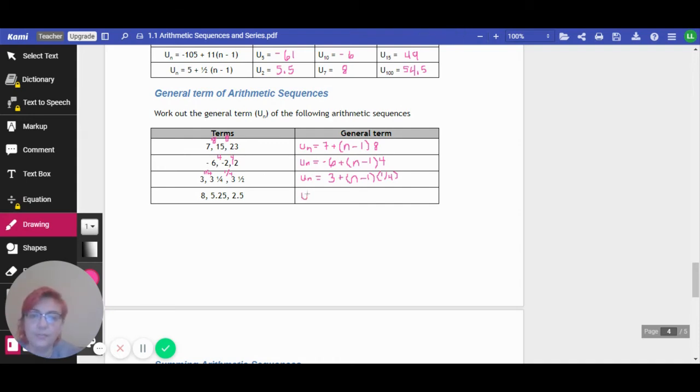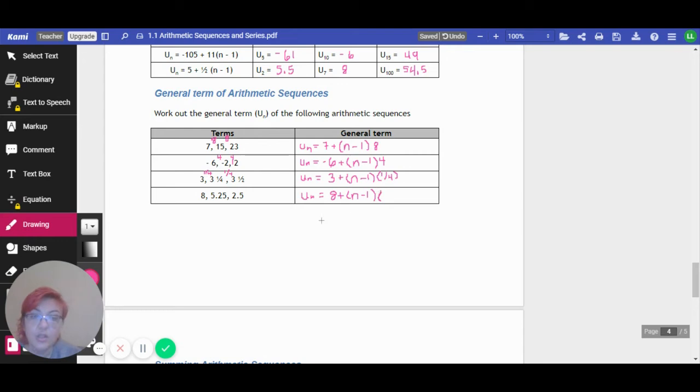So my general term is going to equal my first term, which is 8, plus n minus 1 times.